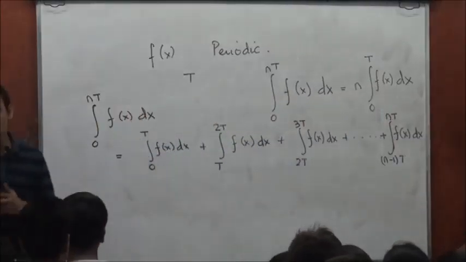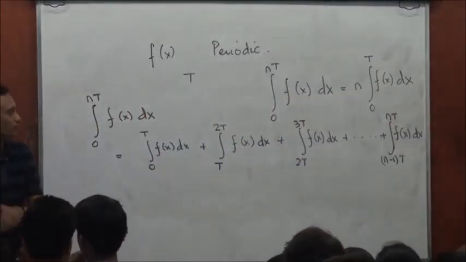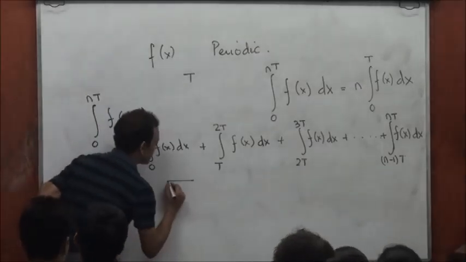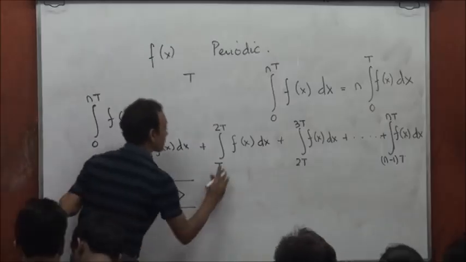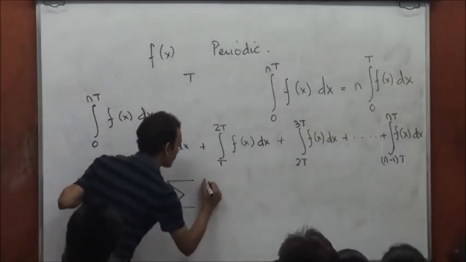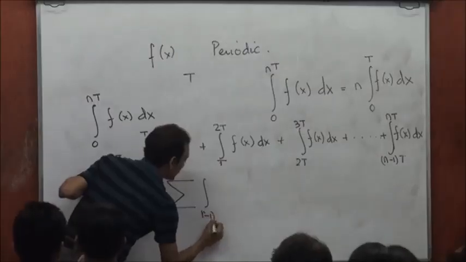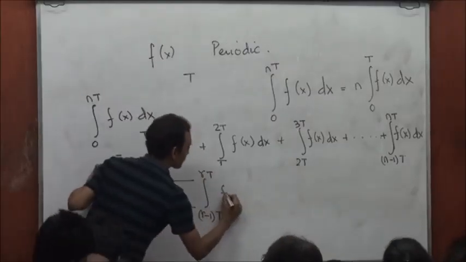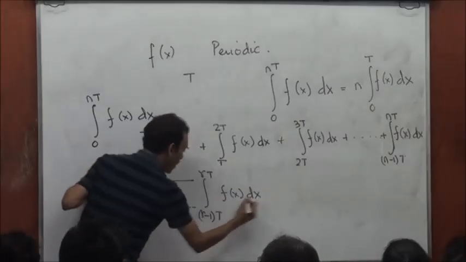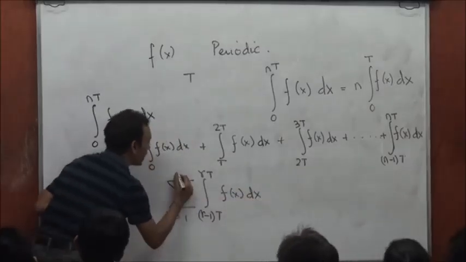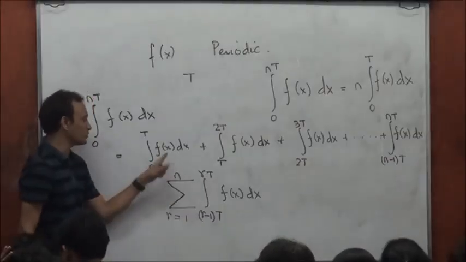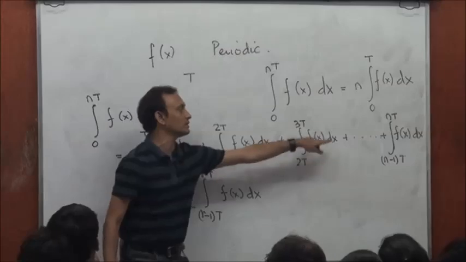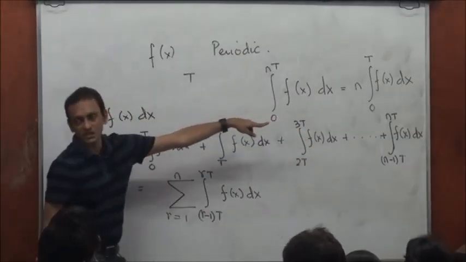Right? 0 to T, T to 2T, and so on so forth. For convenience, we write this as summation of integral (r minus 1)T to rT of f(x) dx, where r runs from 1 to n. If you plug in r equal to 1, you will get the first; r equal to 2, the second; r equal to 3, the third; r equal to n, the last integral.